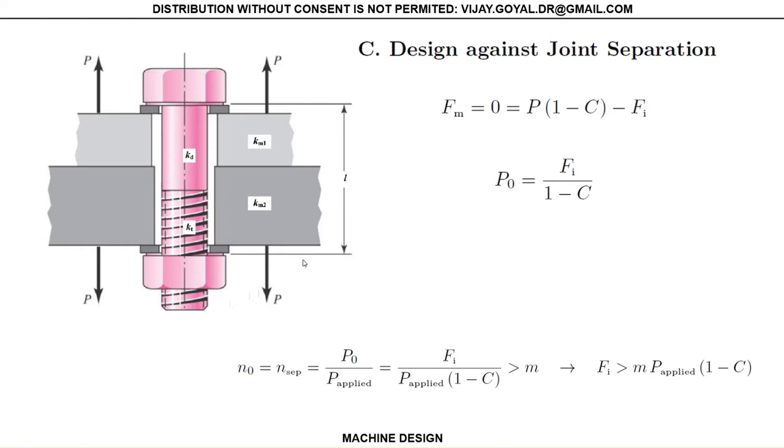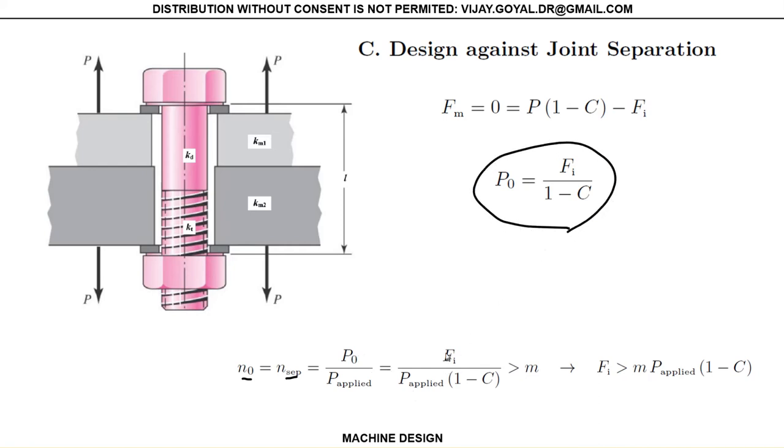The design, you want to design against joint separation, as I told you. And the way we do this, if you think about this, you want to make sure that when this is equal to zero, P sub zero is equal to this. So we calculate n sub zero, or n separation, and we divide the preload, Fi, by the applied load, P sub zero, that's equal to this.